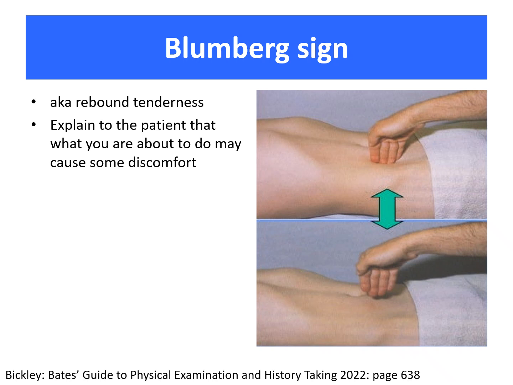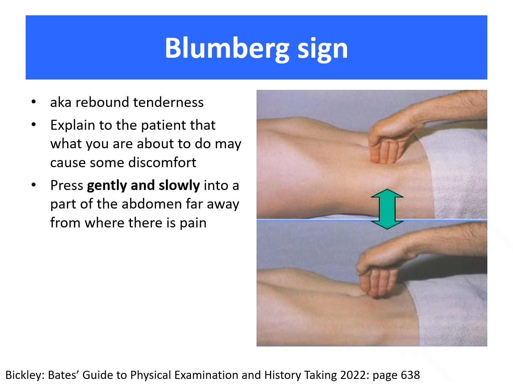And you slowly push the tips of your dominant hand into the abdominal wall, and then suddenly take your hand off. And when you take your hand off from there, suddenly there is pain. Rebound tenderness is present, Blumberg sign is present.